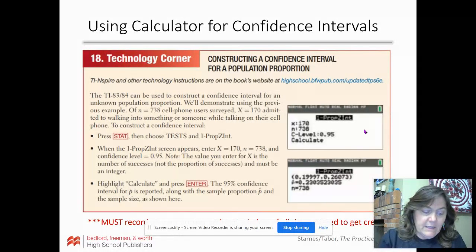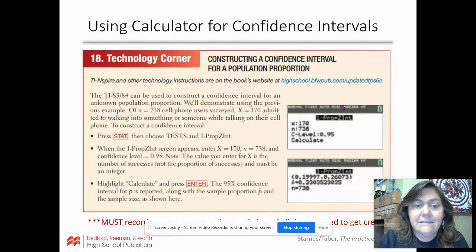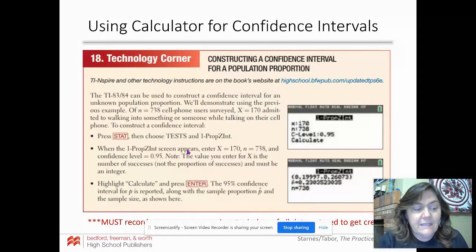Let me see here. Nope, I lied, that's the means. So you hit the stats button, and then you choose tests from within stats, and you go to, let's see, there it is, one-prop Z-interval. There we go.